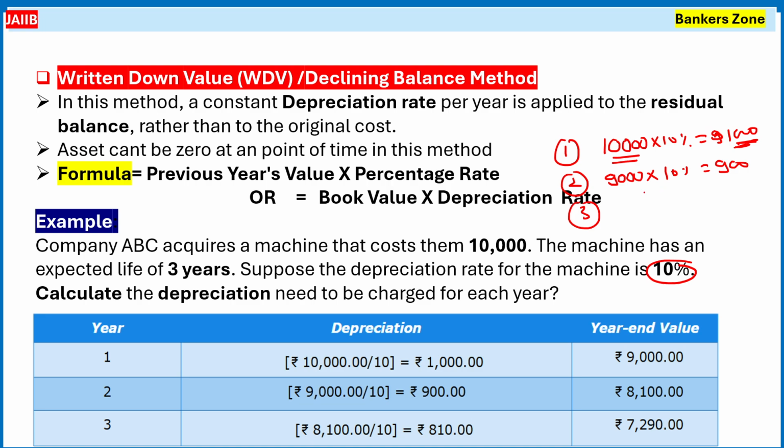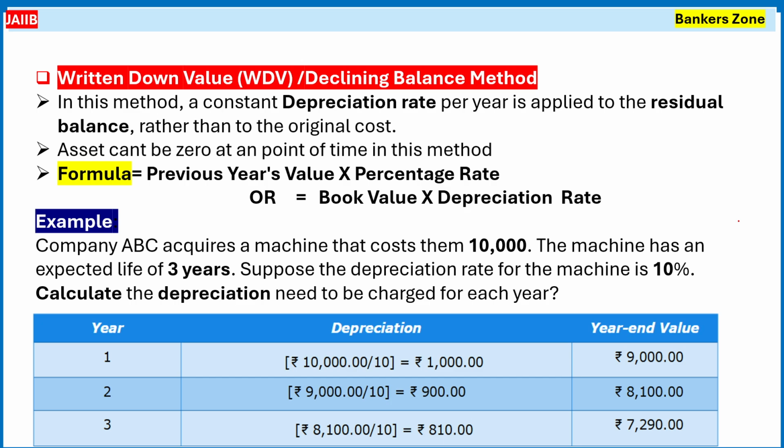For the third year, 9,000 minus 900, 8100 will be the opening balance. Multiply with 10% and you will get 810. That will be the third year depreciation. At the end of the third year, the remaining value will be 8100 minus 810, that is 7290. Okay, it is such a simple thing. Remember, it is very, very important from the exam point of view also.